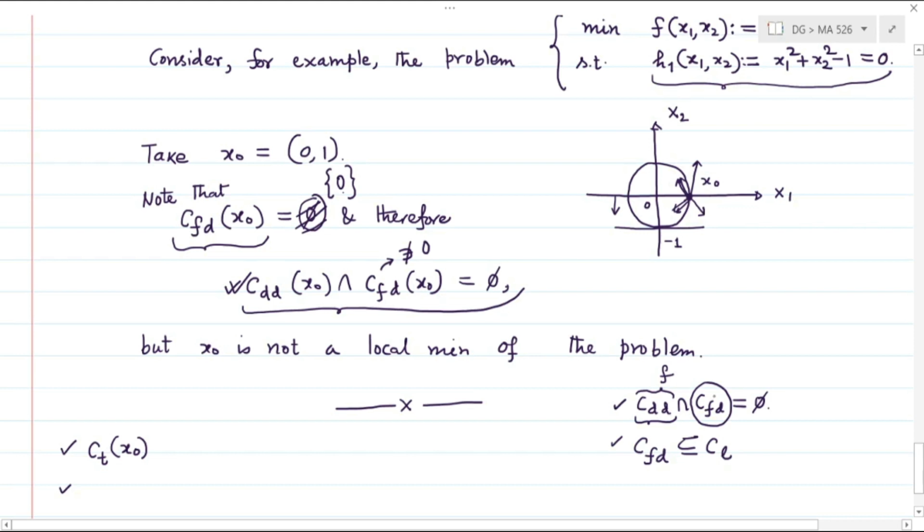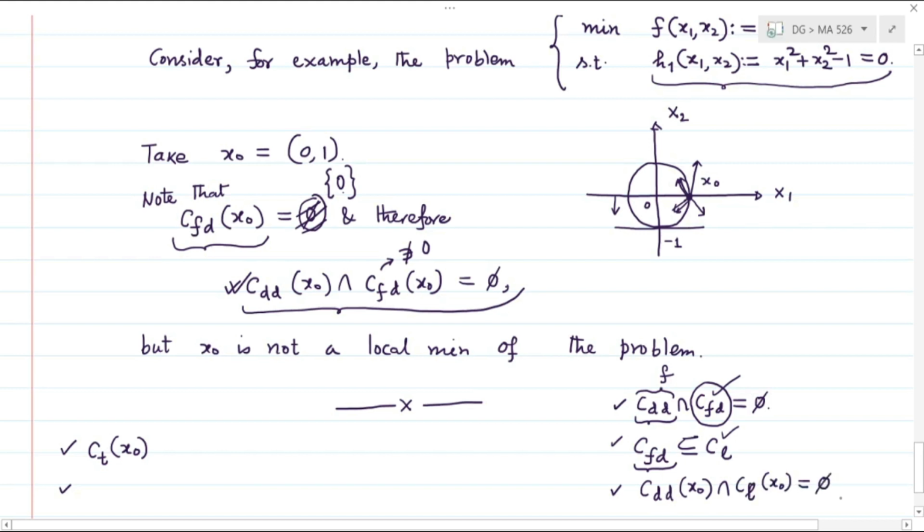Fine. Now for a given feasible region, you can define CFD, you can define the cone of linearization. The linearizing cone is a superset of the CFD. Now as you wanted to have many more elements in your feasible directions, can we have as the optimality condition that CDD x naught intersection CL x naught is equal to null?